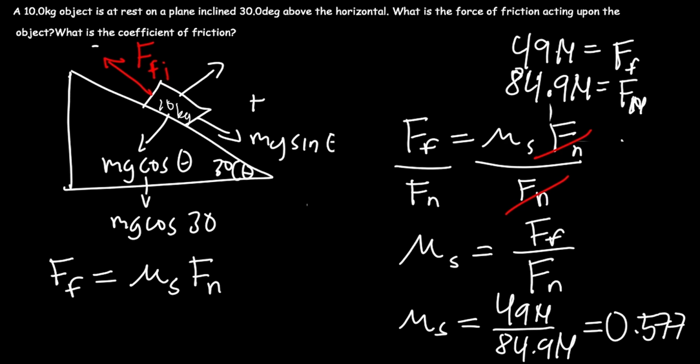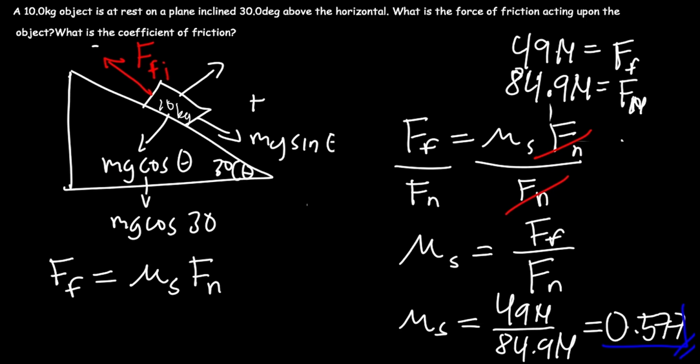Now, anong sinasabi nitong quantity? Sinasabi dyan na at that point, at 0.577, mapapanatili niya yung object at rest, and this is actually an approximate quantity, so hindi ito yung eksakto.